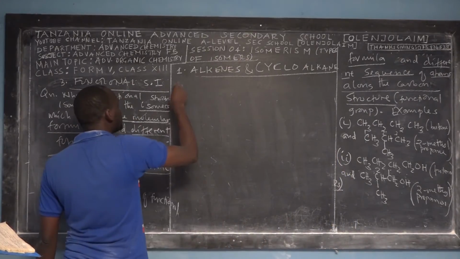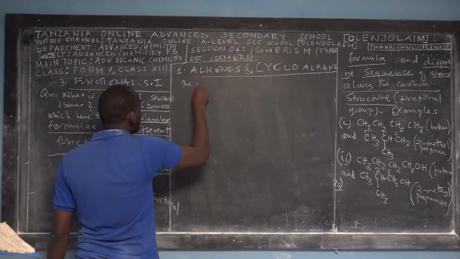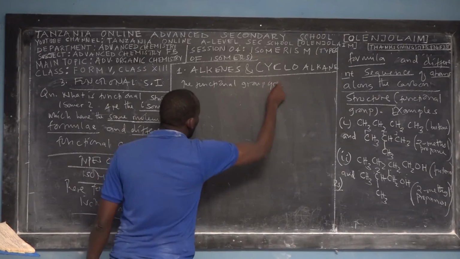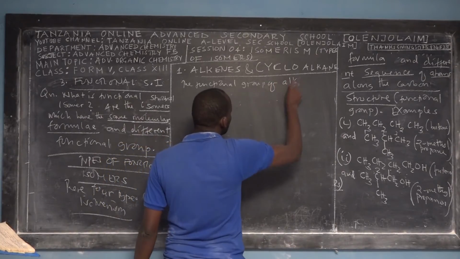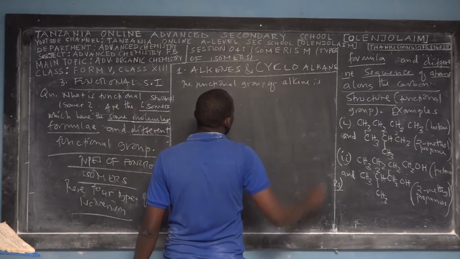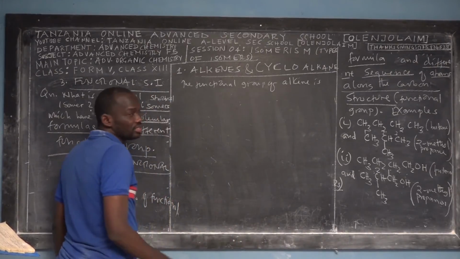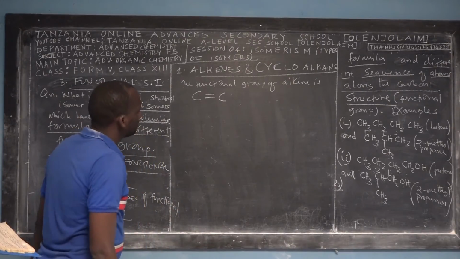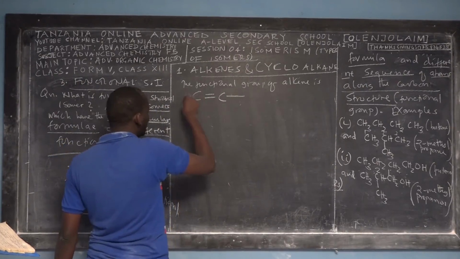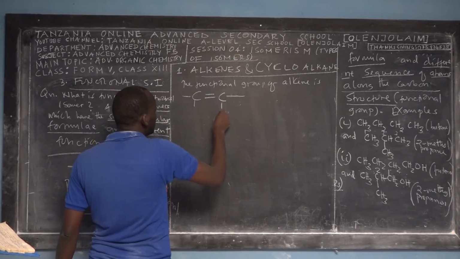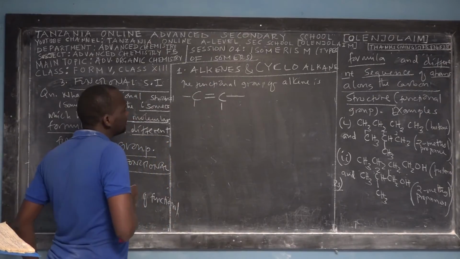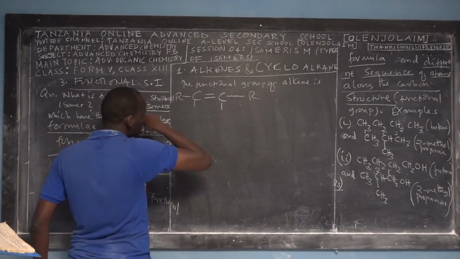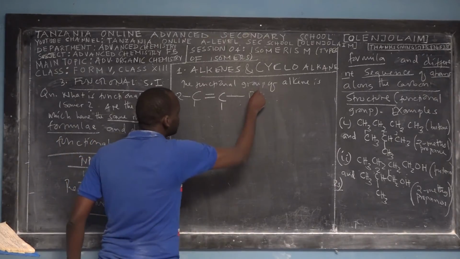Remember the functional group, first of all. The functional group of alkenes is the double bond. Or in general, you can say that these are both hydrocarbons.